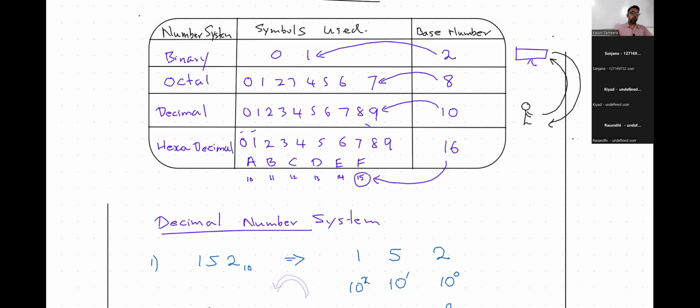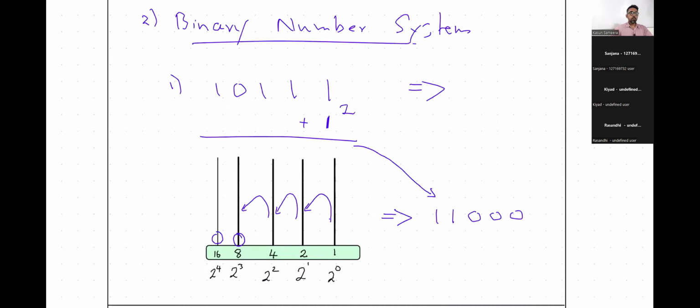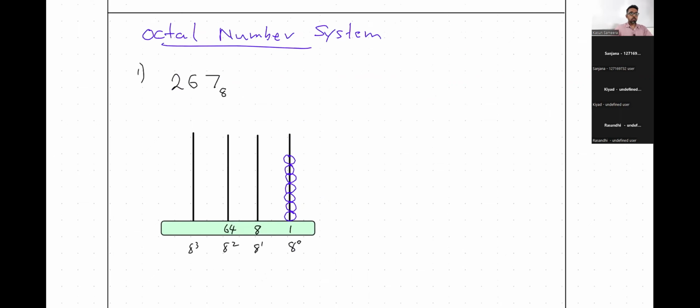Right. Therefore, we can represent 7, and 6 circles come here, and 2. Right. Then what is the value of these 2 circles here? 2 times 64. What are the values of the 7 circles here? 1 times 7, just 7. 6 circles here, 8 times 6. Right. Then how are you going to add another one?